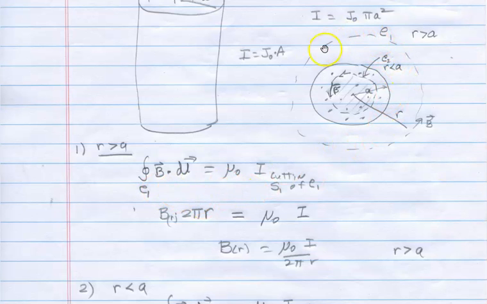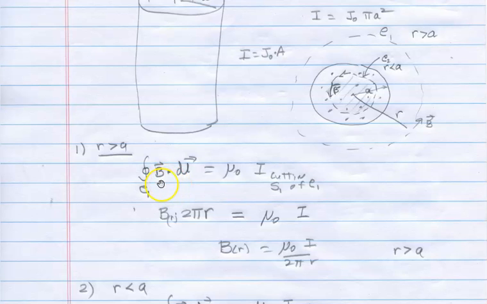So now I'm looking at R greater than A. The integral of B dot dl is mu naught I cutting S1 of C. The area enclosed by the curve C is this total area inside, and only part of it has current going through it, but when I add up all of the infinitesimal currents of the J going out of the page at me, I get the total current.